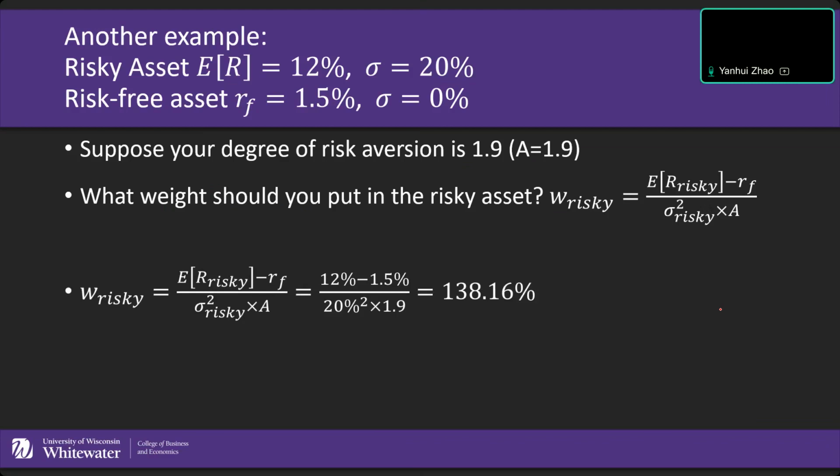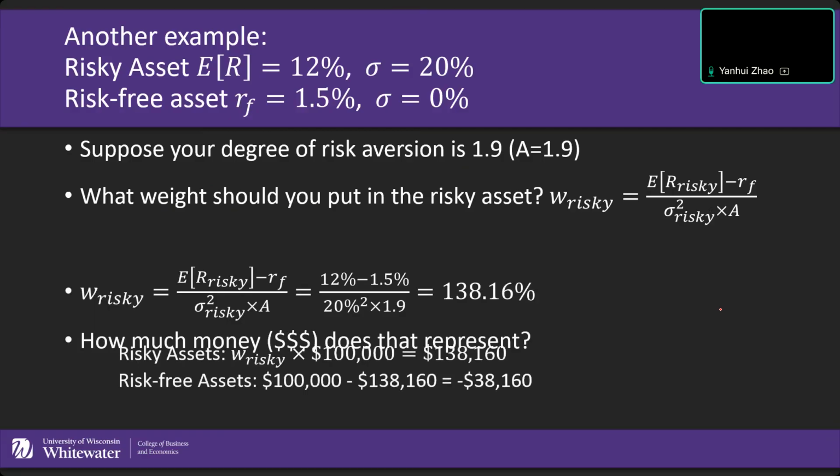Sometimes when I copy PowerPoint from my desktop to the desktop here, it gets a little messed up. So the risky asset is 138,160 US dollars, and the risk-free asset, if you look at it, is actually a negative amount.